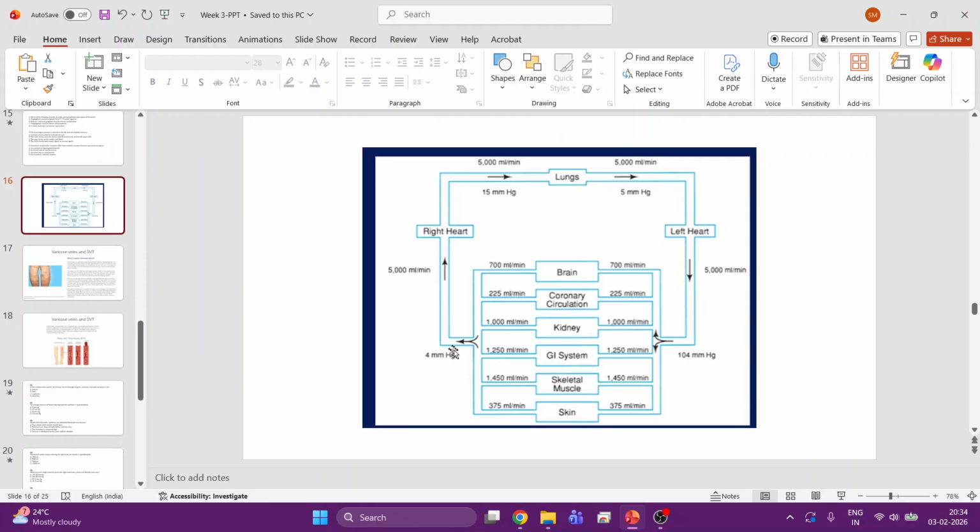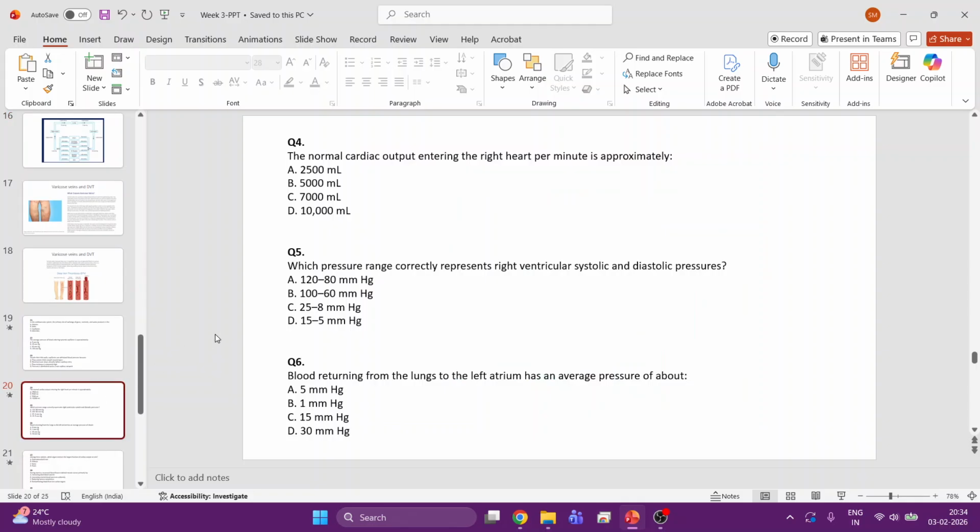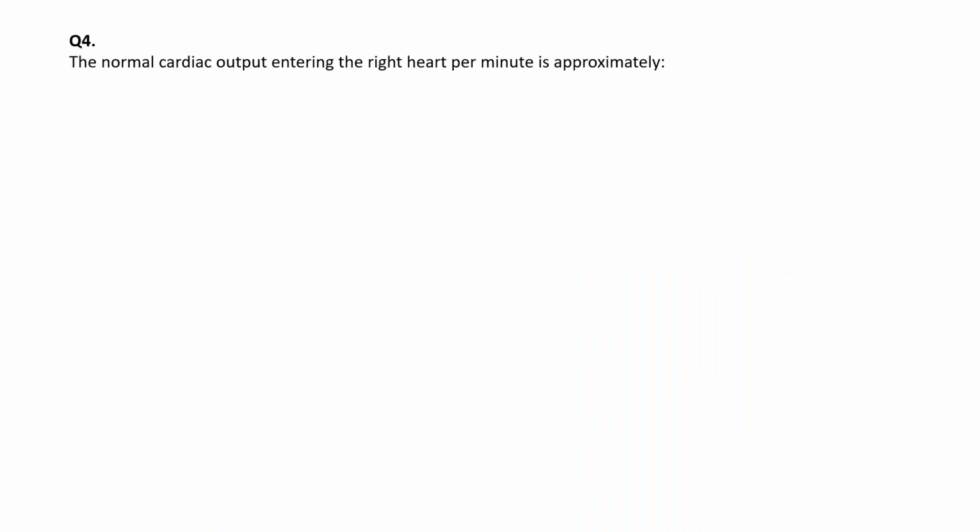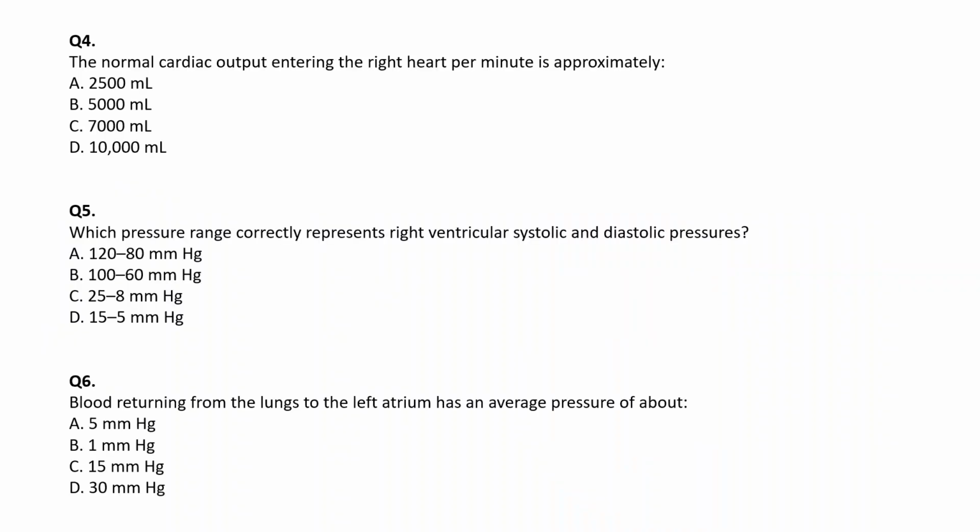So you're down to about 4 to 5 mmHg, and that is what goes to the heart. Because if you have high pressure, you're going to have problems filling the atria. So for proper atrial filling, the pressure needs to be low, around 5 mmHg. I hope that's clear now. So the correct answer here is A option.